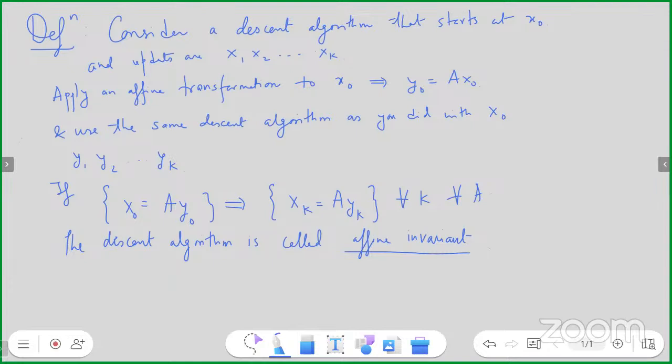Understand the meaning first, and then we'll see what algorithm is affine invariant, what algorithm is not affine invariant. Is the definition clear?